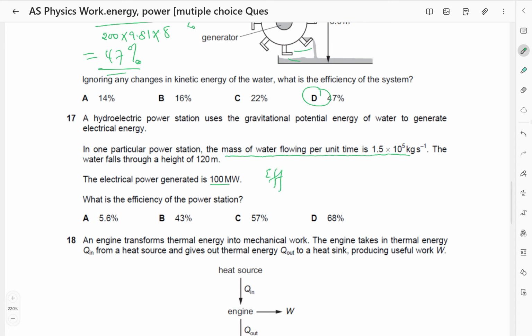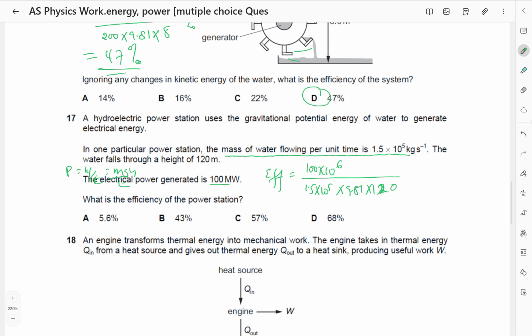What is the efficiency of the power station? So efficiency is going to be the power output, which is 100 times 10 power 6 watts, over the power input. The power input is going to be the work done over time, which is mgh over t. So m over t is 1.5 times 10 power 5, g is 9.81, and h is 120.